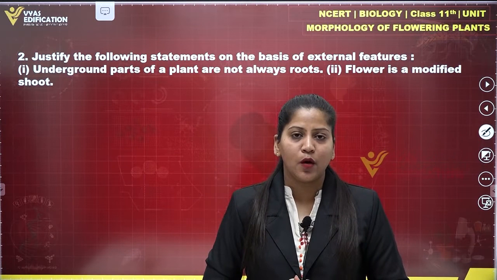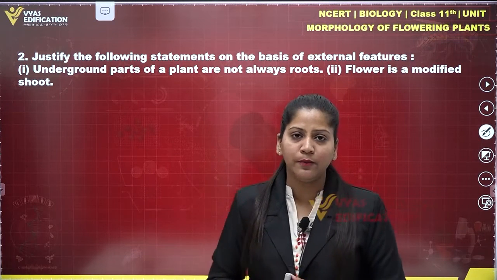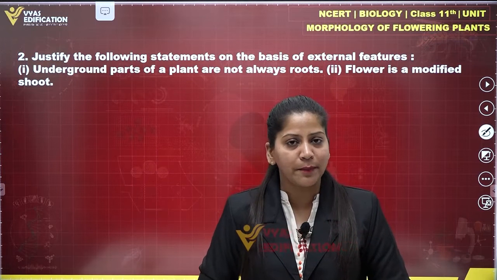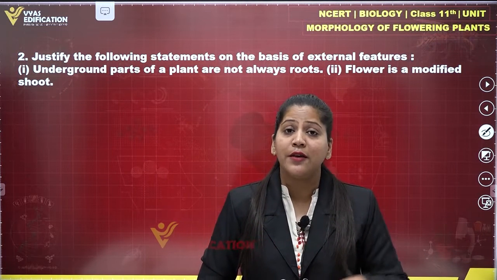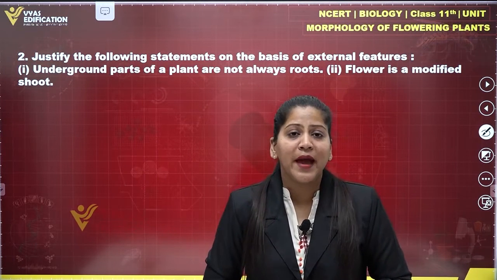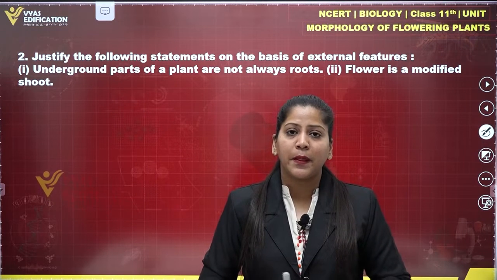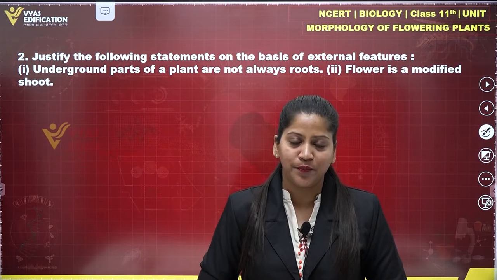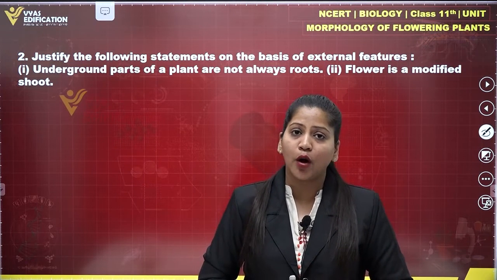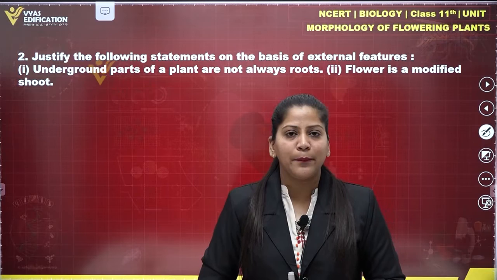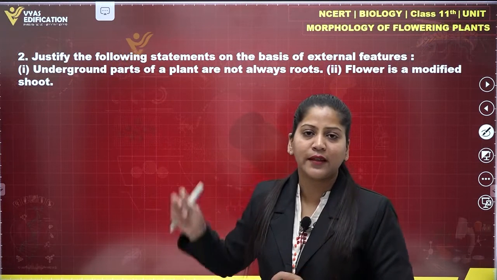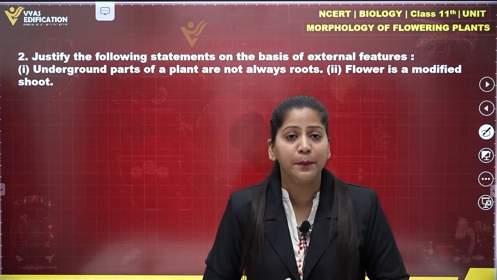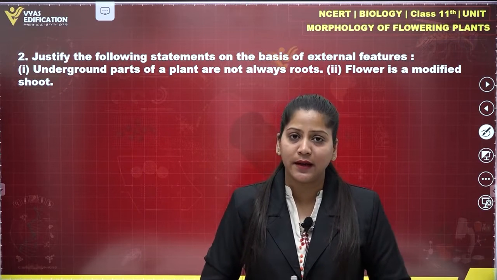More examples of underground parts of a plant which are not roots: we have onion. The basal leaves of onion are fleshy because of accumulation of food, which are leaves and not roots. Another example is peanut.